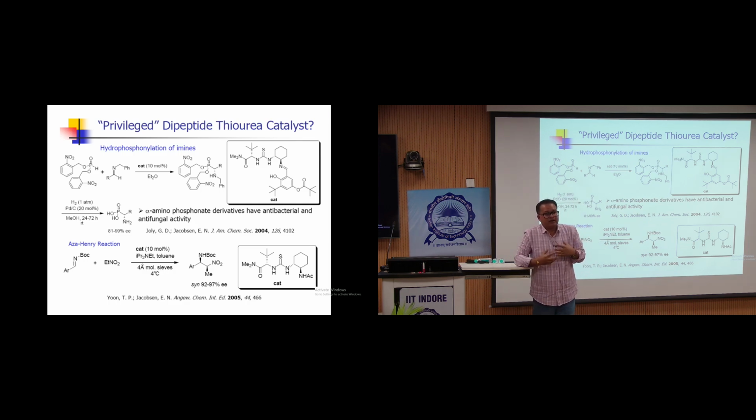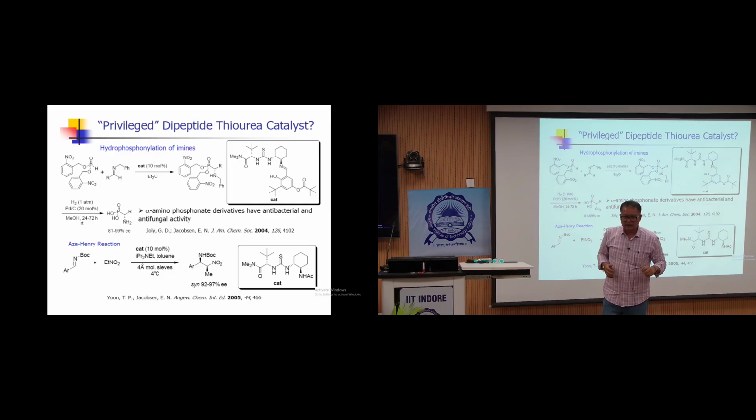We need more instruments, I would say more research infrastructure, to understand or look into the solution phase. If I tell you, can you use your specs or microscope to see how this reaction is happening in your reaction flask? Can you tell me? No, it's not possible. Or if I tell you to put your hand inside and stop the reaction, can you stop the reaction? It's not possible, right?